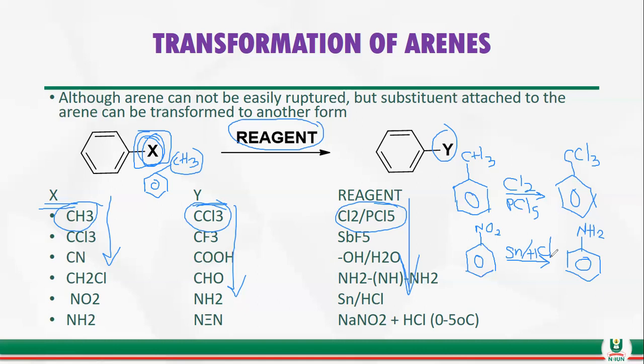So the essence of an organic synthetic chemist, if you are careful enough to understand this, you are laying a good foundation for yourself, even for the future. If you want to be a pharmacist or pharmaceutical chemist, people that are synthesizing drugs, these are all the things they are using, transforming from one functional group to another by knowing what reagent should I add. So if I'm saying I need aniline to do some things, and I have nitrobenzene, and nitrobenzene is not useful for me, what can I do?